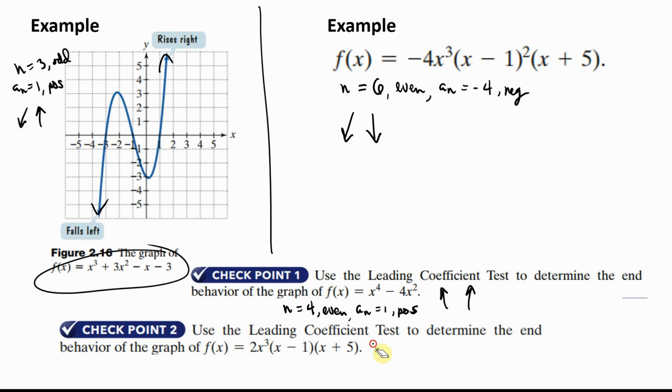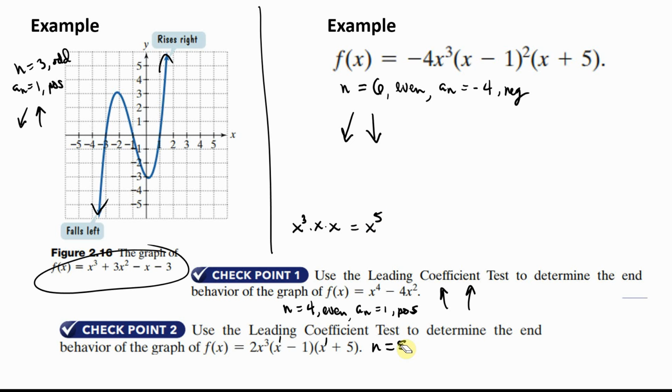What about down here? Notice this. So what is n for this one? What's the degree? Isn't it 5? 3 plus 1 plus 1, right? When you're multiplying x to the third times x times x, you get x to the 5th.